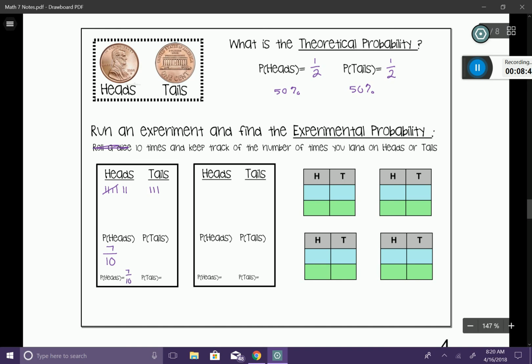Now, the experimental probability that I flipped my coin and it landed on a tails was 3 out of 10. 3 out of 10 does not simplify any further.